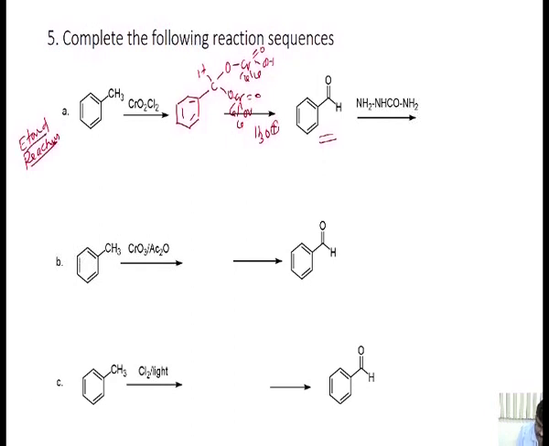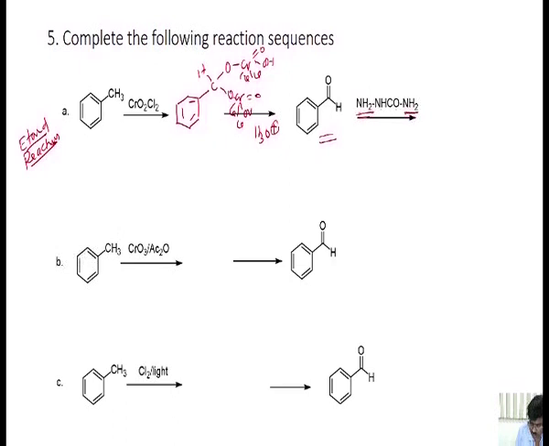So the aldehyde can undergo reaction with the amine. Here you have two kinds of NH2: one is bonded with the carbonyl group, another one is bonded with nitrogen. If you look at this, it is more nucleophilic compared to this NH2 because this one is bonded with the carbonyl group.